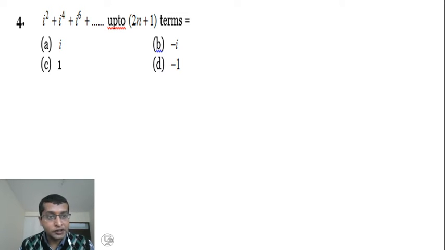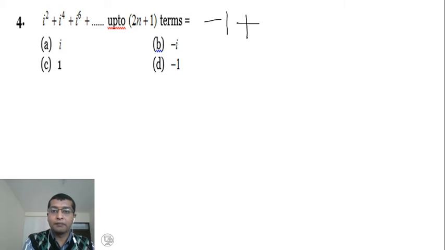So it is i square plus i raised to 4 plus i raised to 6 plus up to 2n plus 1 terms. So i square we write as minus 1. Then i raised to 4, we know it is plus 1. i raised to 6 is i square raised to 3, i square is minus 1, minus 1 raised to an odd number, so we get minus 1.